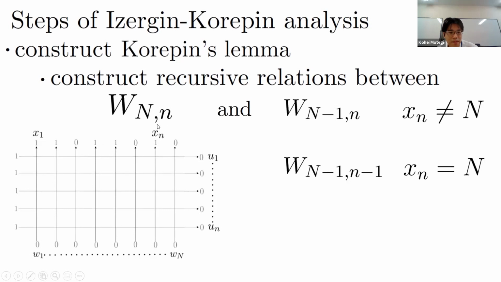Okay, and the number of rows depends on the sequence of zeros and ones in this top boundary. To be more precise, it depends on whether x small n is equal to large N, so I divide it into cases.